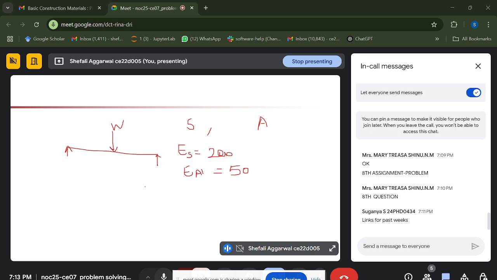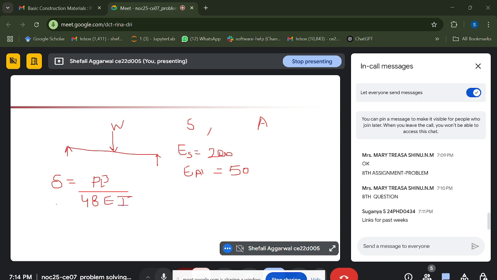If you have a simply supported beam with a point load at center, the equation for deflection is PL cubed upon 48 EI.